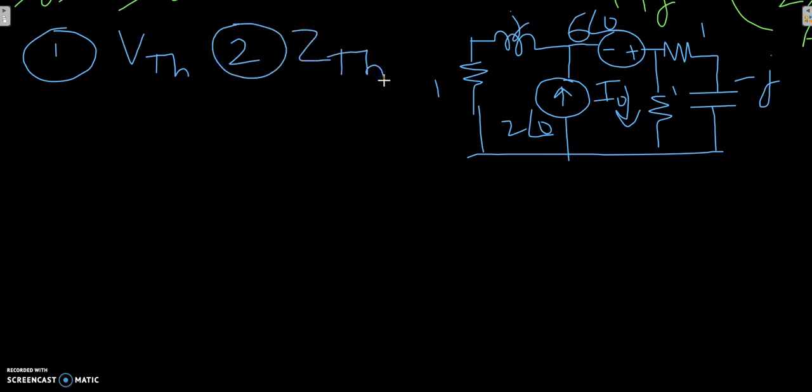So let's start by finding VTH. VTH could be found by removing this resistance here. So this resistance now no longer exists, and we have to find the potential difference between these two points.